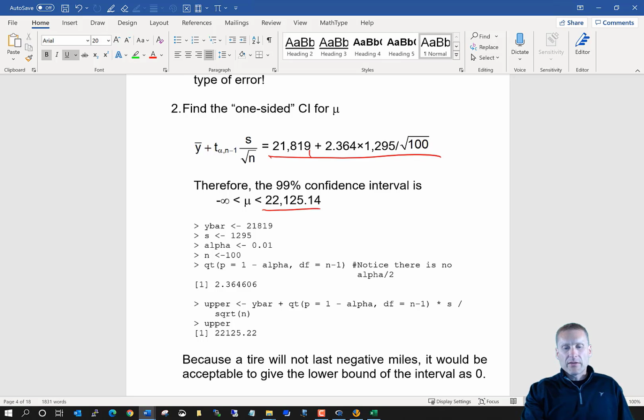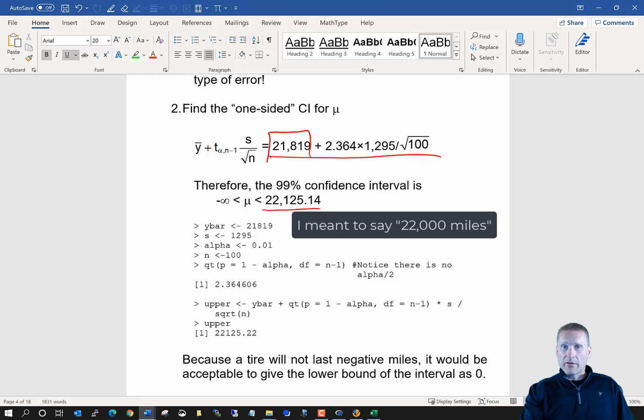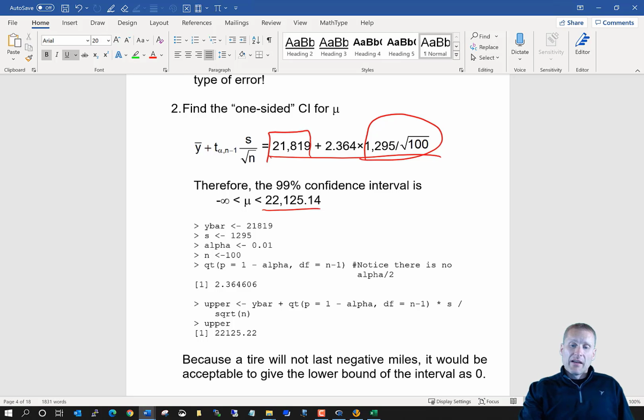So despite the sample mean being less than 22,000 miles, the variability that one would typically have from one sample to the next is such that, hey, you could get over 22,000 miles for the population of all the tires. So the confidence interval: negative infinity. You can't have negative infinity miles, so you chop that off and make it 0 if you want to. Mu is less than 22,125.